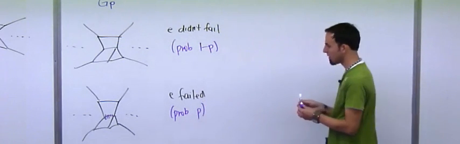And of course, we know the probability of these events. P is the probability that an edge fails. So if it didn't fail, that has probability 1 minus P, and if it failed, that has probability P. Okay?